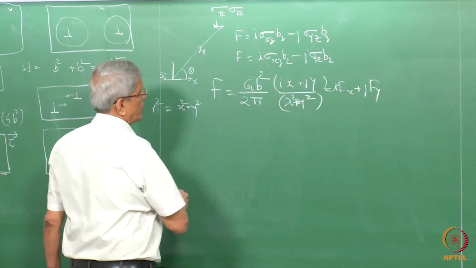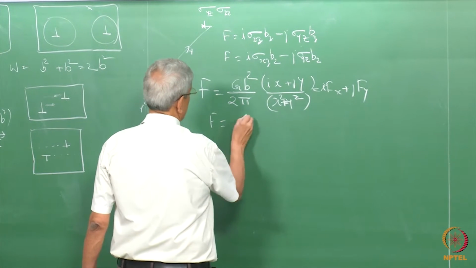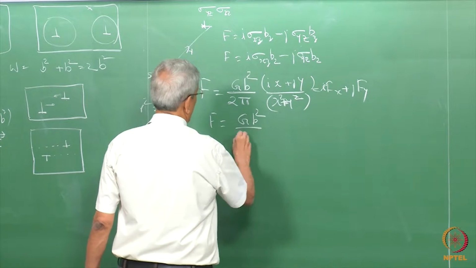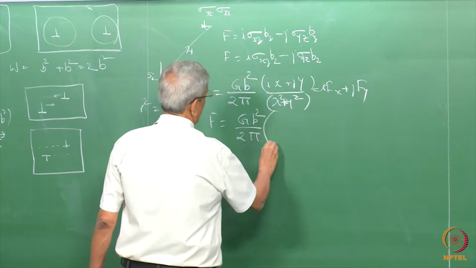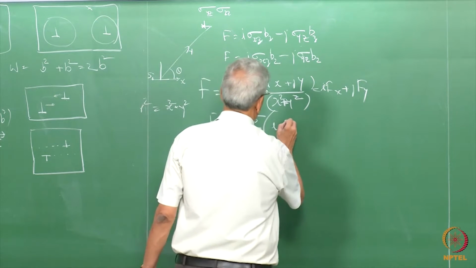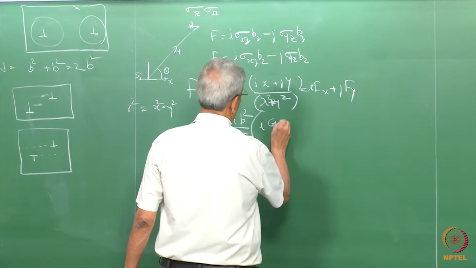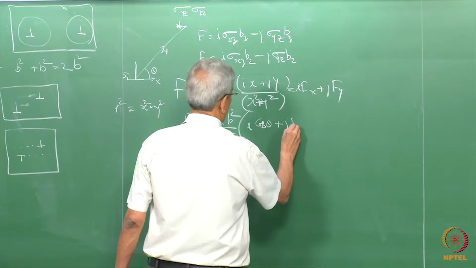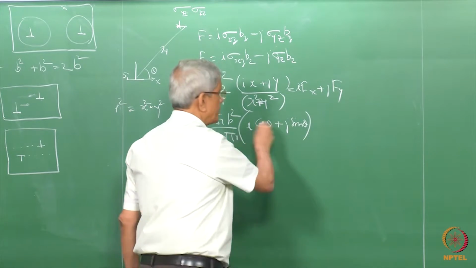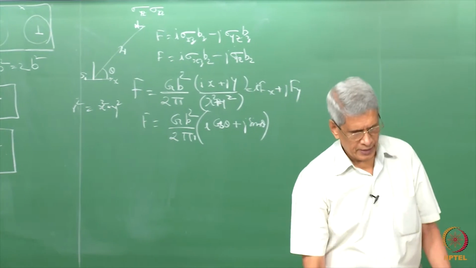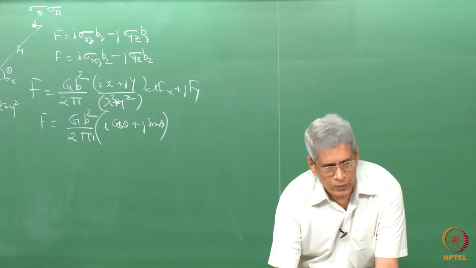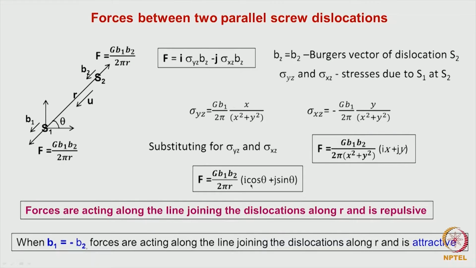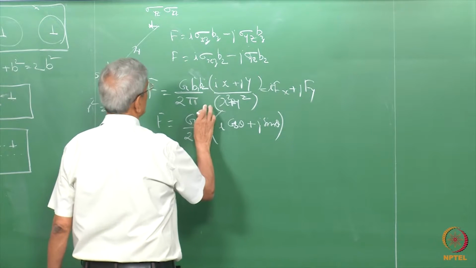If we substitute, the expression will turn out to be this sort of an expression, and that is what is given here. Strictly speaking, the way we have defined it, it should be B1 and B2.